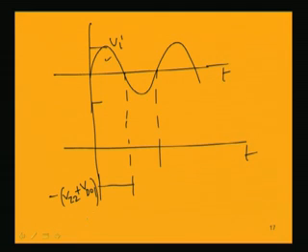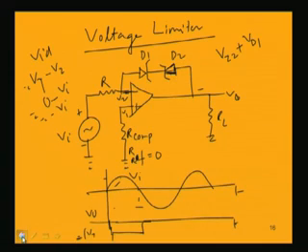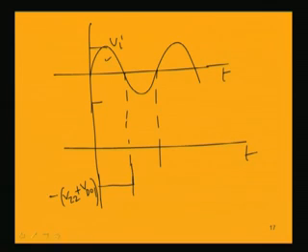By V D naught 1, I mean the normal diode drop in the diode D1, and Vz2 is the Zener voltage drop in the diode D2, because that is conducting as a Zener diode. This is for the positive half cycle, where you are getting this negative voltage.